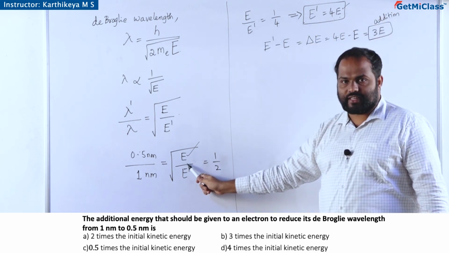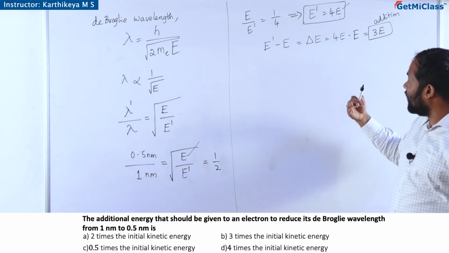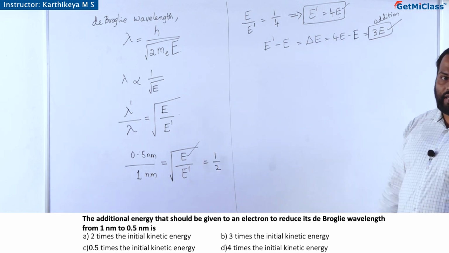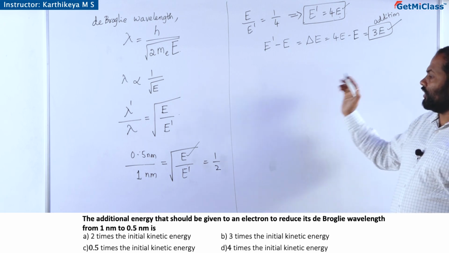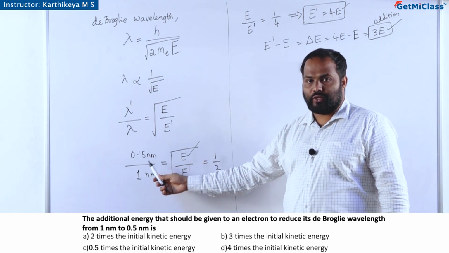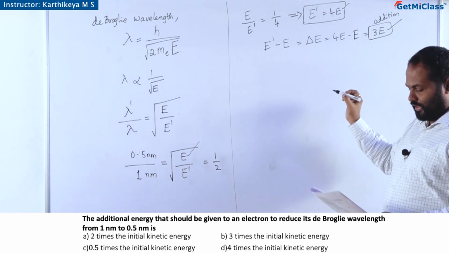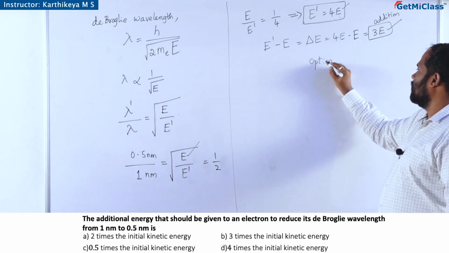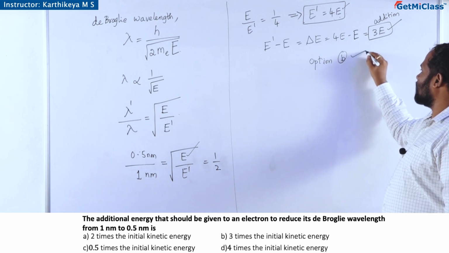Already it has got an initial energy E. So, in addition, you have to give 3 times the initial energy in order to reduce the final wavelength to 0.5 nanometer. That is why, looking at the options, option B is the correct answer.